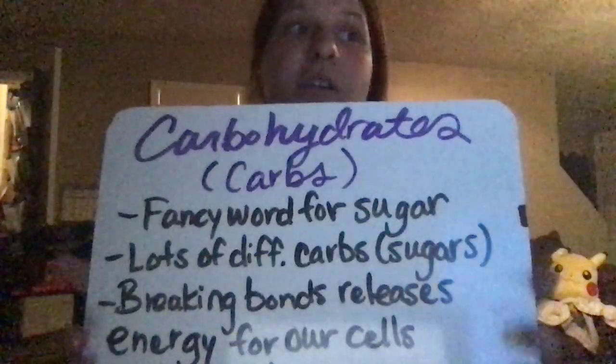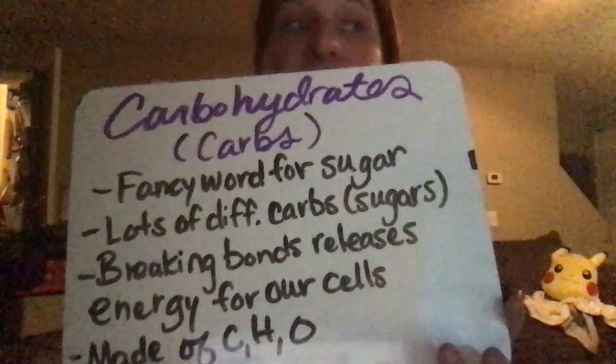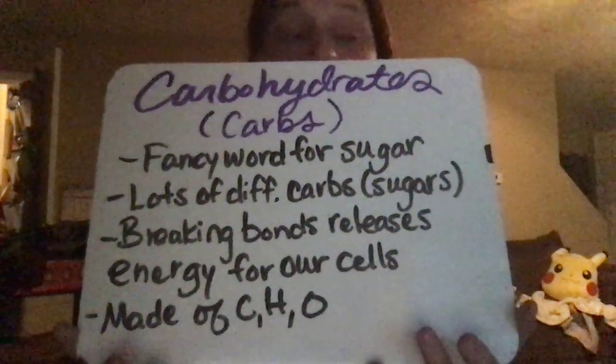As humans and as endothermic animals, endothermic means we get our heat from the inside, we are able to create heat inside of our bodies by breaking the bonds of chemicals that we eat. Not all animals are able to do that. If you're familiar with my Norbert, my lizard, he's ectothermic. So he has to rely on other things to give him heat. But we can produce metabolic heat, which is heat that comes from inside of our bodies. So, breaking bonds releases energy for our cells and heat.